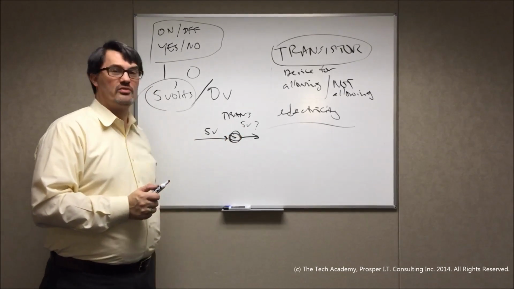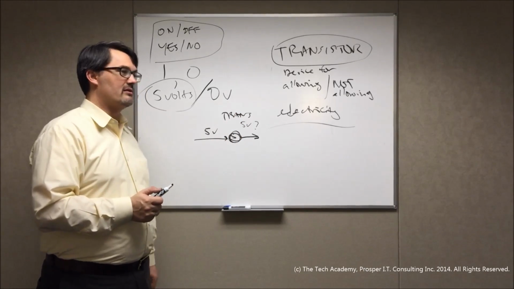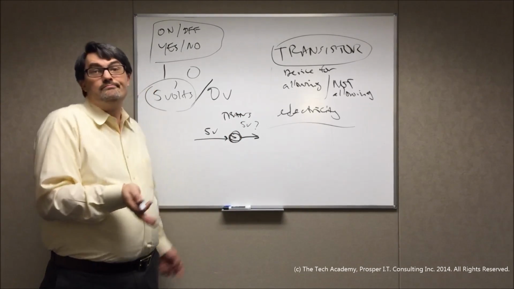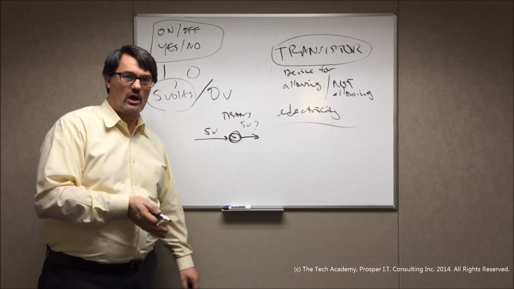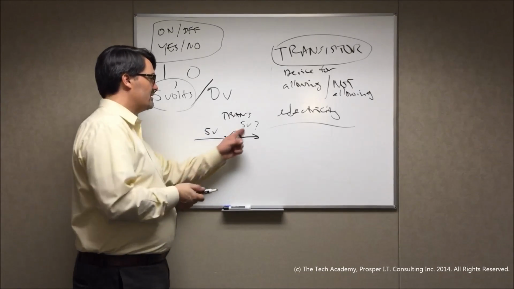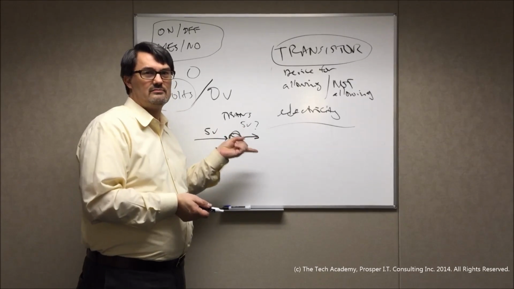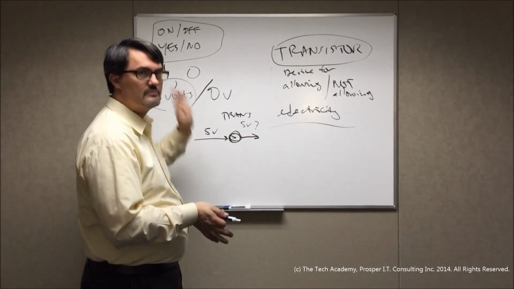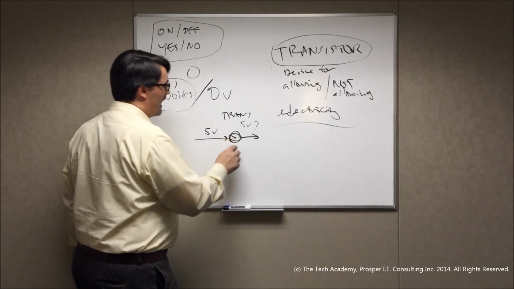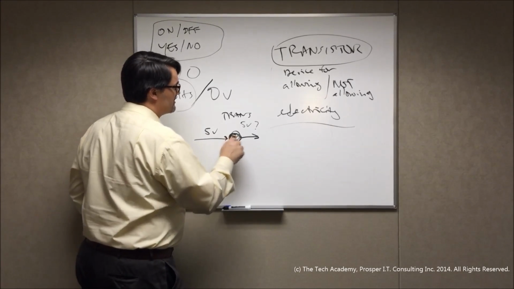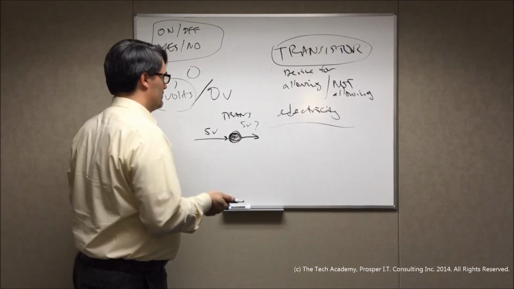For example, if there's a 1 there, if there's 5 volts there, it could mean, yes, I do want to print my document. Or no, I don't want to print my document. It could mean, yes, the person's actually entered the correct password. No, they haven't. Yes, no, on, off, that thing. So how do you control that? Well, this little device is almost magical.